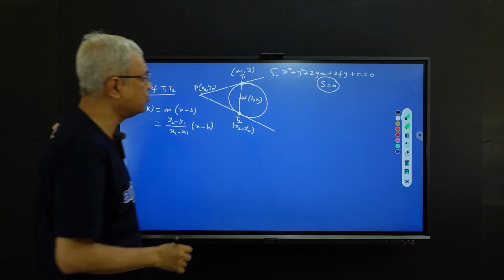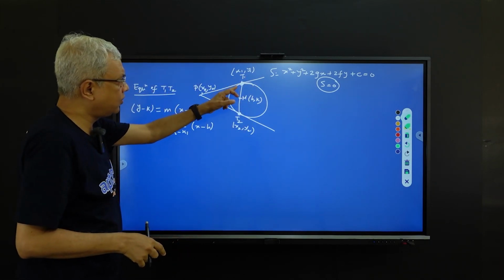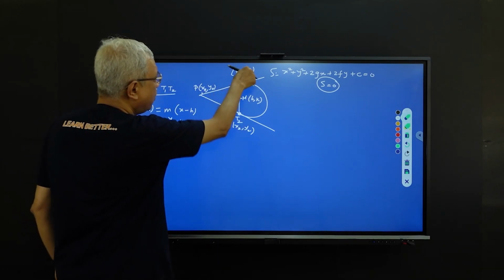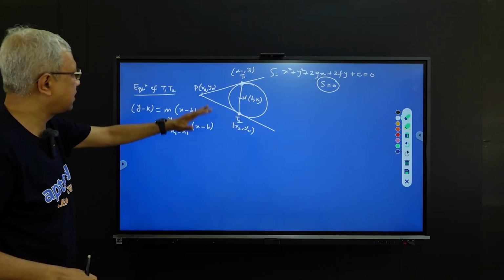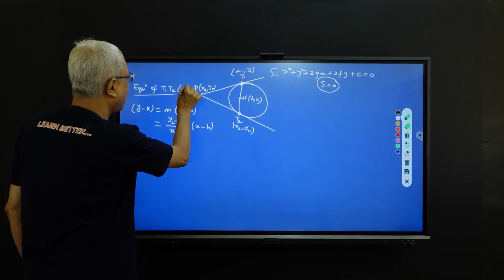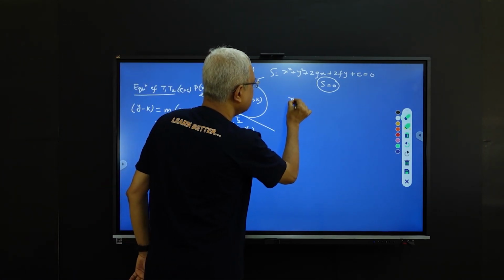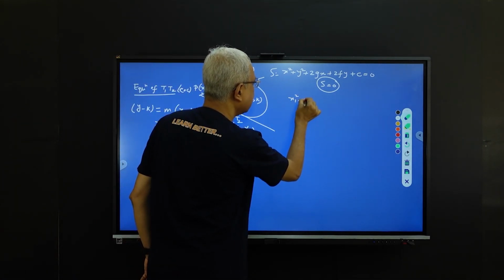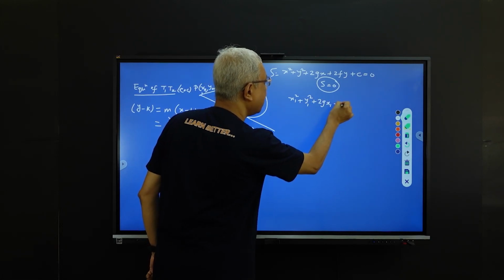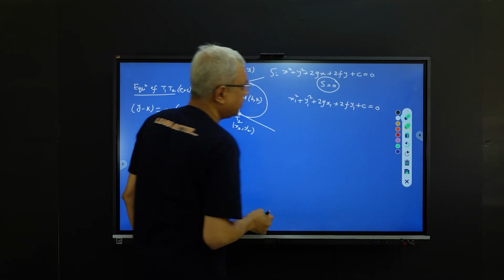Okay, now from this equation, since both (x1, y1) and (x2, y2) are lying on this circle, both must satisfy the equation of the circle. So this is COC T1 T2. So this is x1 square plus y1 square plus 2g x1 plus 2f y1 plus c equal to 0.